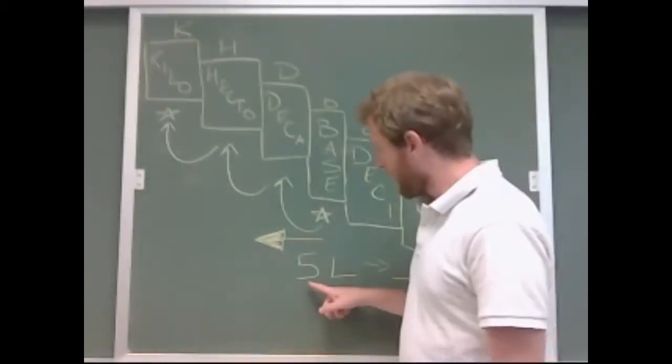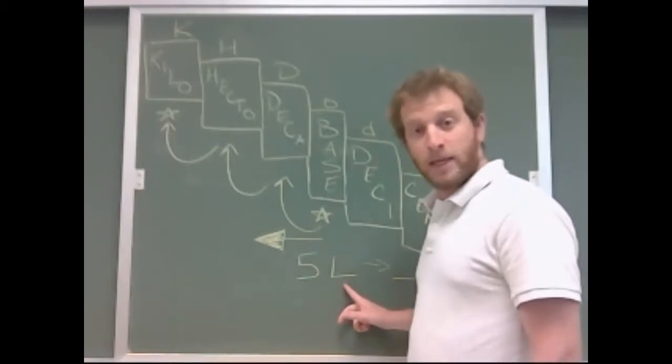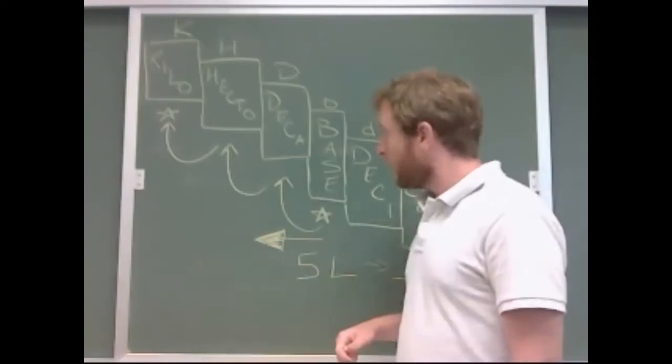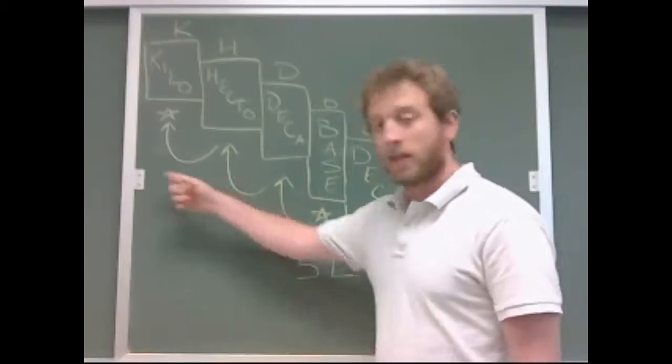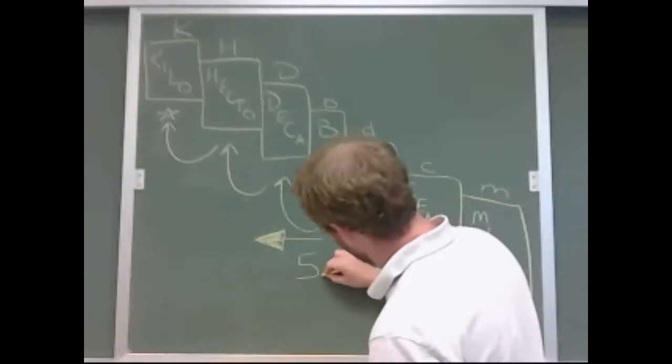Okay? So now I can take my number, my 5 liters, and I know I have to move my decimal place 3 spaces to the left. Okay? So my decimal moves in the same direction that my arrows moved. Okay?